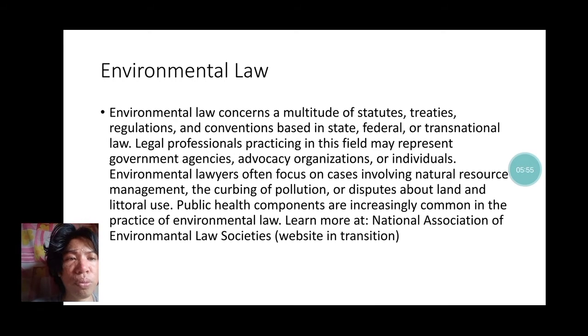Environmental lawyers often focus on cases involving natural resources management, the curbing of pollution, or disputes about land and littoral use. Public health components are increasingly common in the practice of environmental law. So this law focuses on our environment, and usually it helps to resolve the lot of pollution such as water and air pollution.